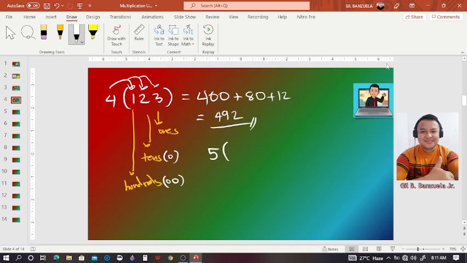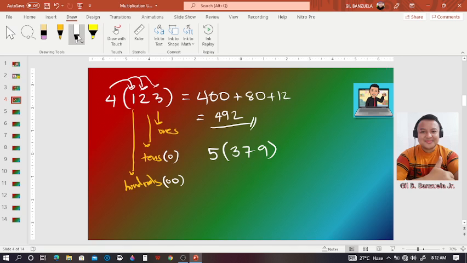So, supposing I have 5 multiplied by 3, 7, 9. Ayan. So, remember, sa ones, we don't add 0. Sa tens, we add 1 zero. Sa hundreds, we add 2 zeros. So, sa thousands, of course, we have 3 zeros. So, ganun yung process natin.